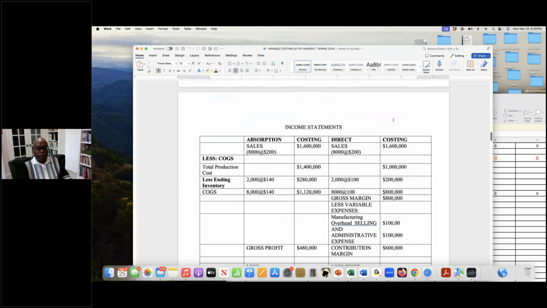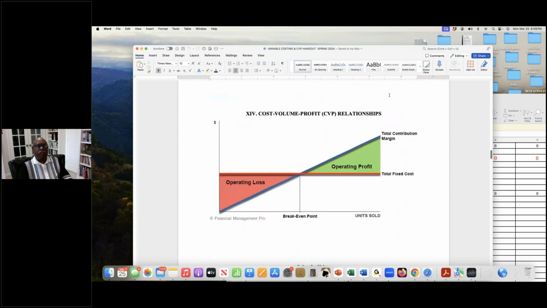Then moving to cost volume profit relationships, CVP. In any business, you need to know, and with your project, and your product, you need to know how many you need to produce to break even. That's the typical thing you need to be able to do.